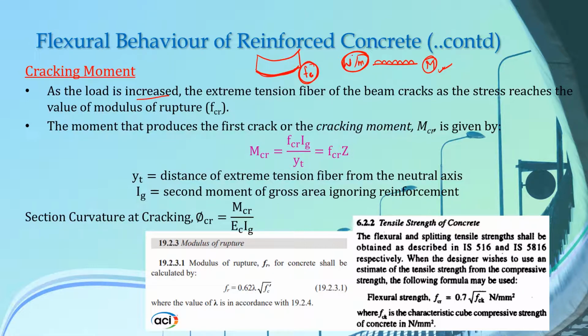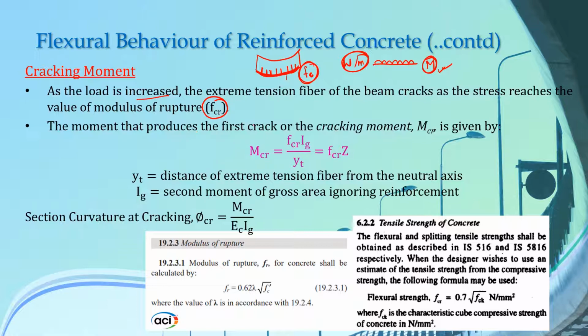And as this value of W is increased, the value of M also increases, and as this moment increases, at one point the cracks start to appear in this extreme tension fiber. And that value of stress at which the cracks start to appear in this concrete is known as modulus of rupture of concrete, or FCR.